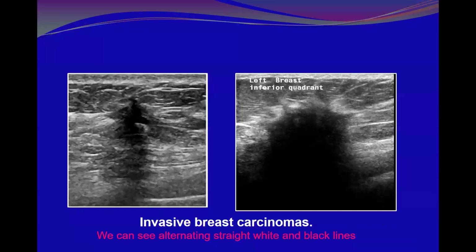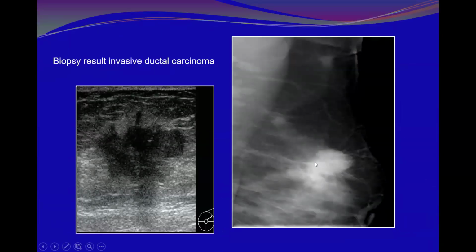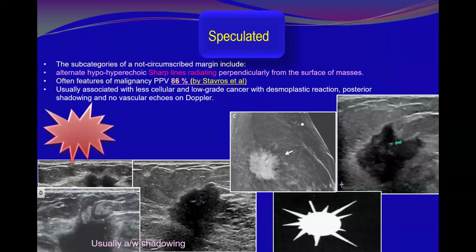What about the margins? Here we can see alternating straight white and black lines representing spiculated margins. This is my patient, you see. There are obvious spiculations on mammography, and these are the spiculations on ultrasound, seen more as an echogenic rim, as very clear spicules could not be resolved due to our machines.